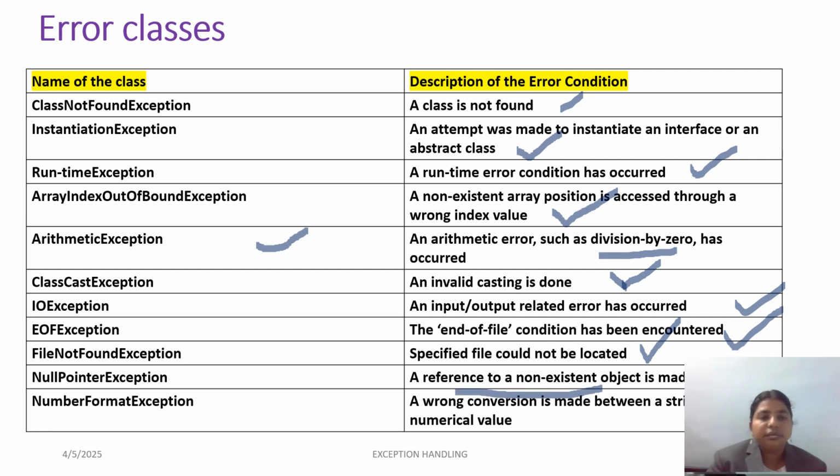And we also have the NumberFormatException occurring when we attempt a wrong type conversion between numbers or values. For example, when we attempt to convert a value from string data type to numerical data type, then exceptions like NumberFormatException will be thrown.